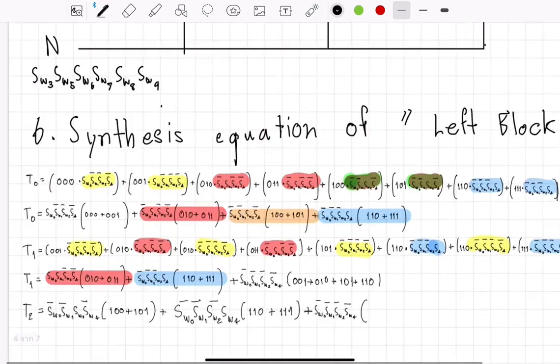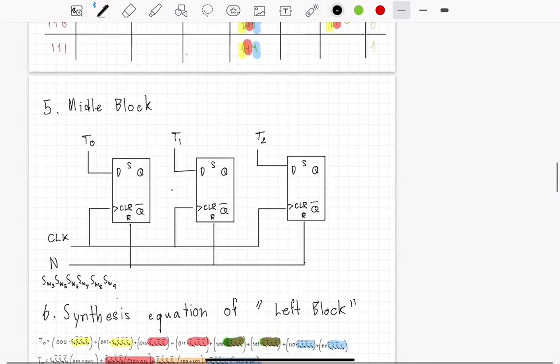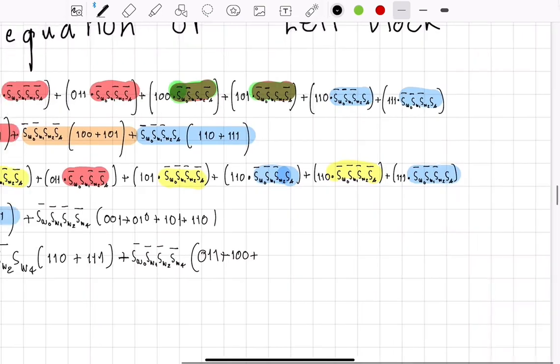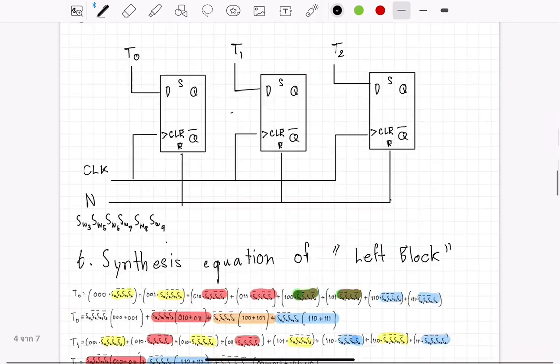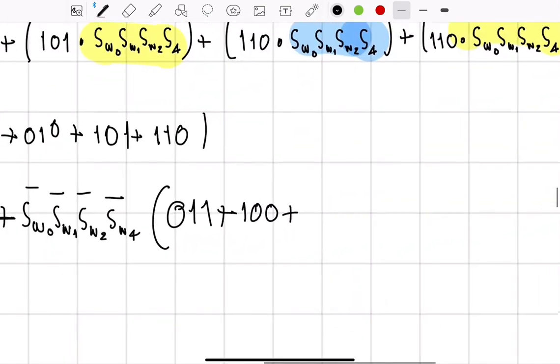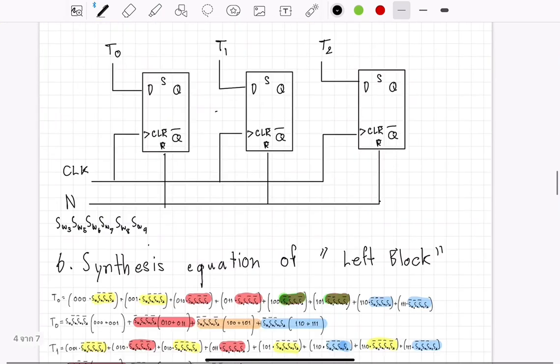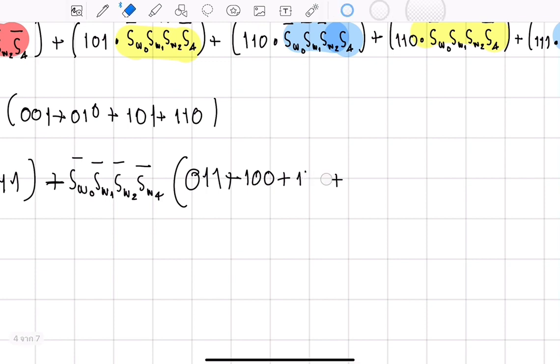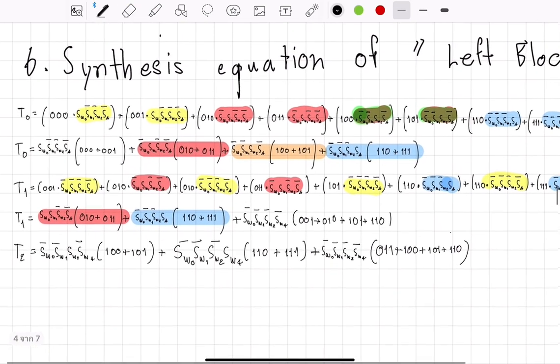Have 0 1 1 push 1 0 0, some 1 1 0 1 1 1. One 0 1 push 1 1 0. That's right.